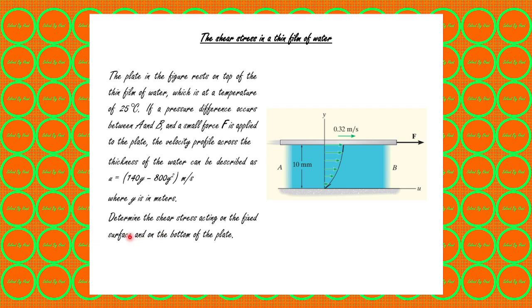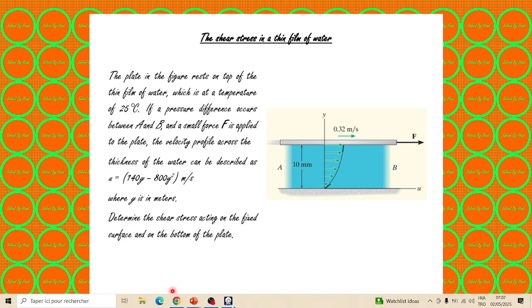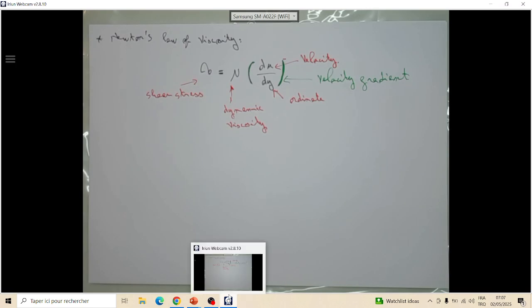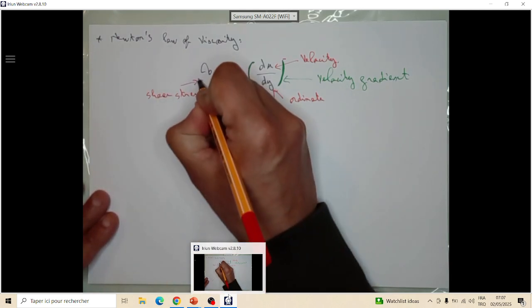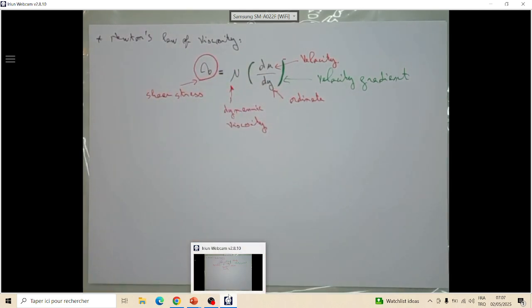We have to determine the shear stress, which is tau in the equation. This is what we have to calculate in our problem.